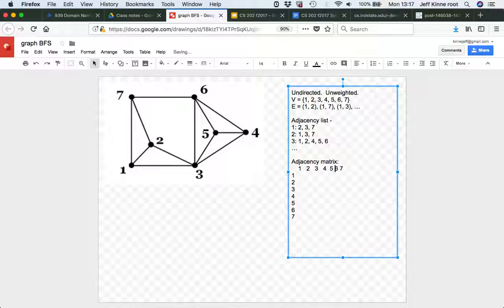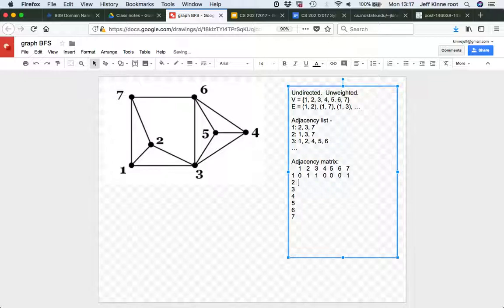Since this is an unweighted graph, we'll just put a 0 or 1 for whether there's an edge, yes or no. For 1, there's no edge to 1. There is an edge to 2. There is an edge to 3. There isn't one to 4, or 5, or 6, but there is to 7.